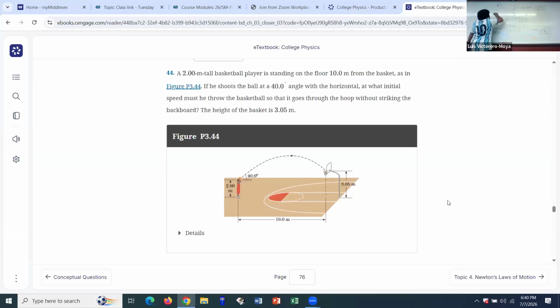So it's kind of like the one we just did, but now you have an initial height. So let's see.